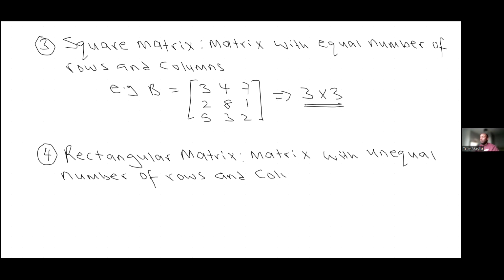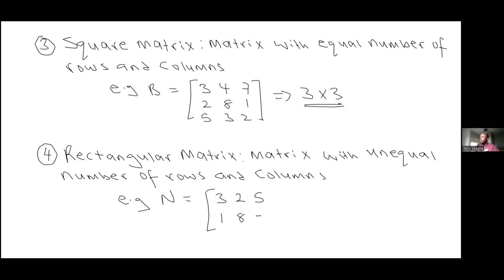So for example, let's pick a matrix N. All right. So matrix N. So we have 3, 2, 5, 1, 8, 1, 8, minus 1.